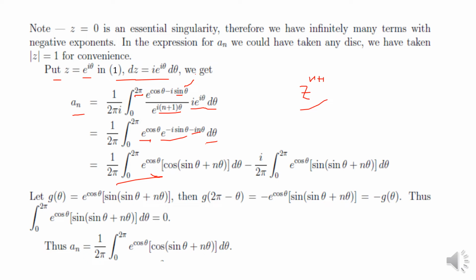So we can write cos minus sin theta plus n theta, which becomes cos sin theta plus n theta, because cos theta is equal to cos minus theta, minus i upon 2 pi, which is from here, and then we have integral 0 to 2 pi e to the power cos theta and sin theta plus n theta, because it is minus, so we have taken minus here.